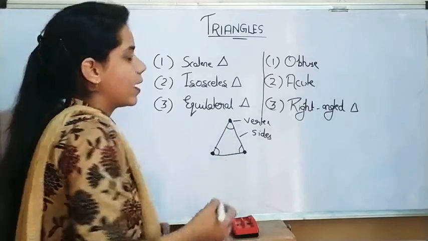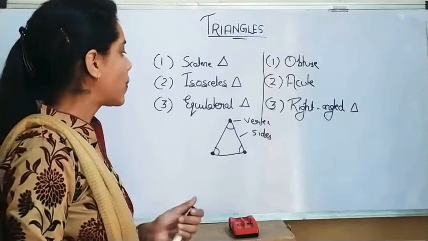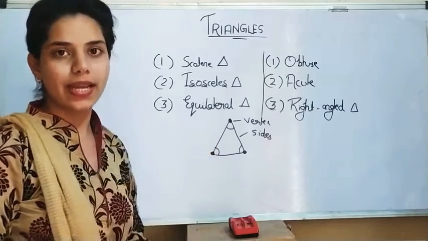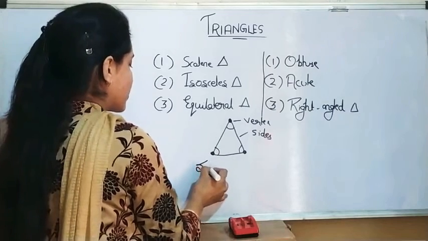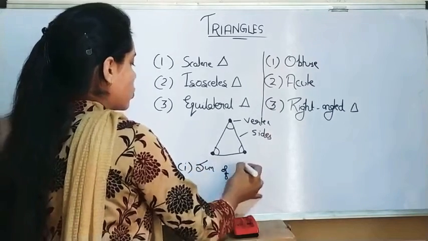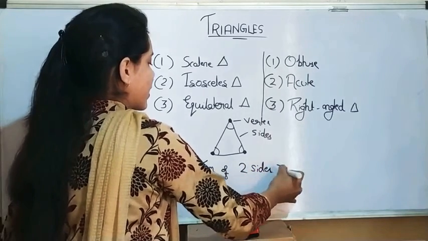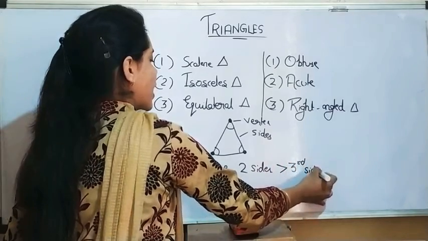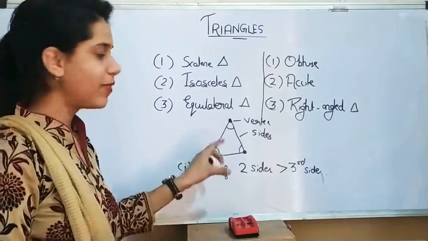Now, what are the properties of the triangles? The sum of two sides is greater than the third side. The sum of any two sides, we can take any.